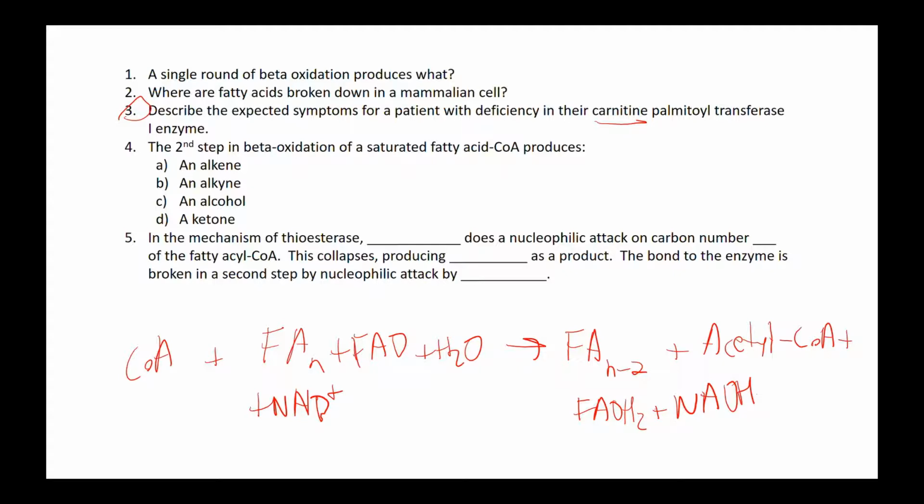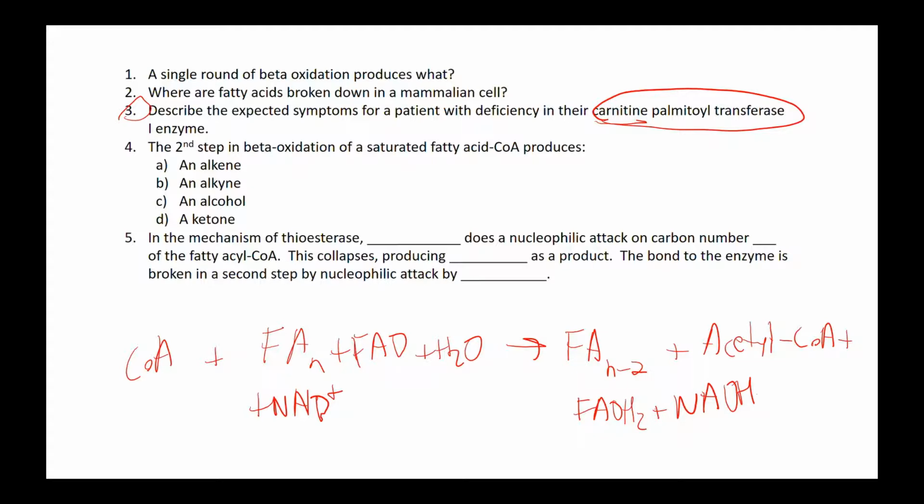And the way the carnitine gets attached onto our fatty acids is using this carnitine palmitoyl transferase enzyme. So patients who have deficiencies in this enzyme are not going to be able to transport their fatty acids into their mitochondria, at least not as well as normal healthy patients. If they can't transport their fatty acids into the mitochondria, their fatty acids can't be broken down.